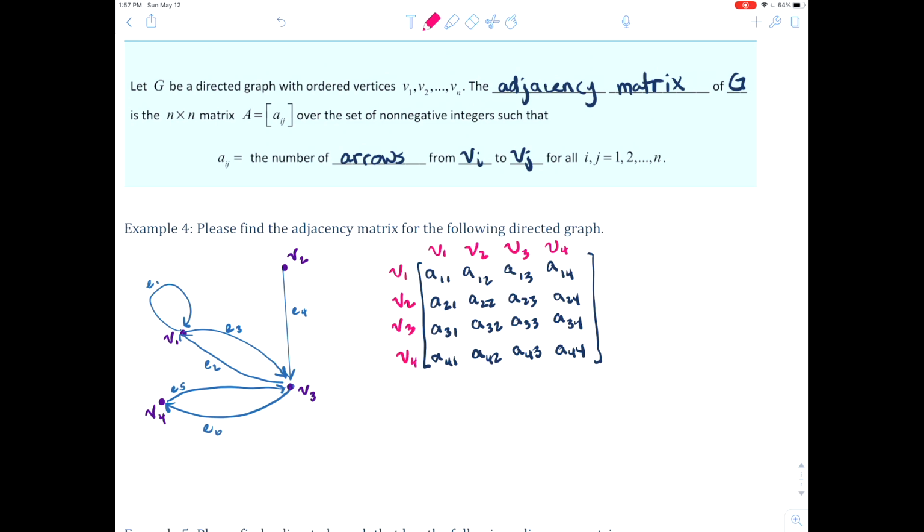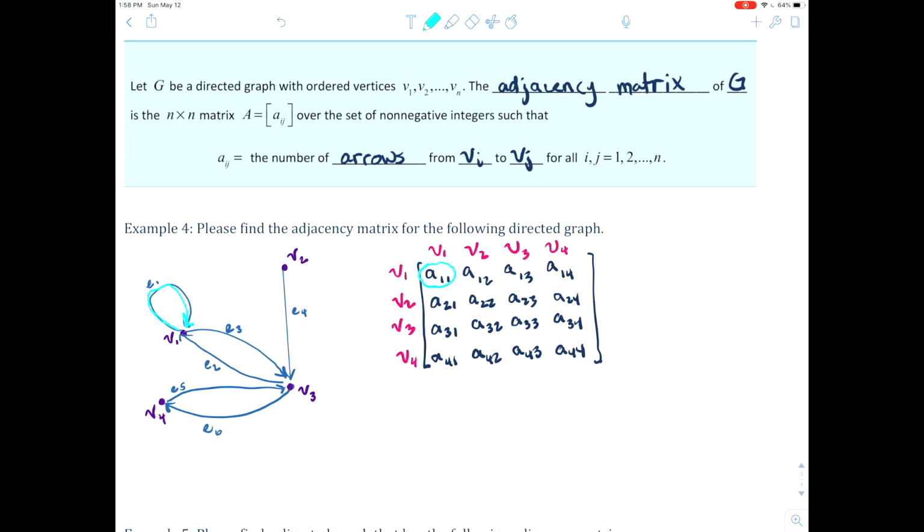Okay, so the first entry is saying, is there an arrow going from V1 to V1? Well, is there? Yes, because do you see we have this guy here? So that corresponds to this entry. Does that make sense?